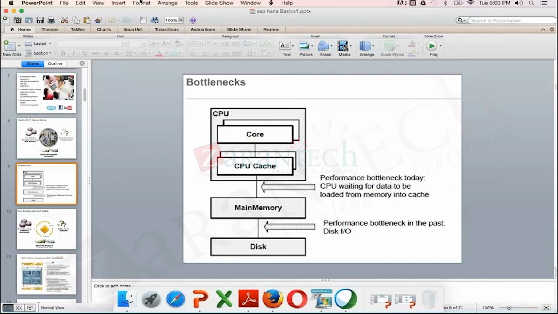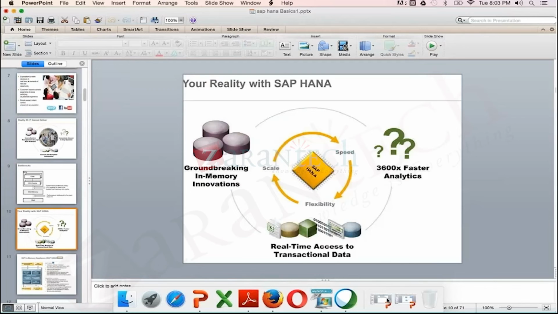It means the complete data resides in the main memory of the server. This is a processor, and the data is directly available for reporting, for processing from the RAM. So SAP HANA is an in-memory database, in the sense that this database is capable of storing the complete data in the main memory.